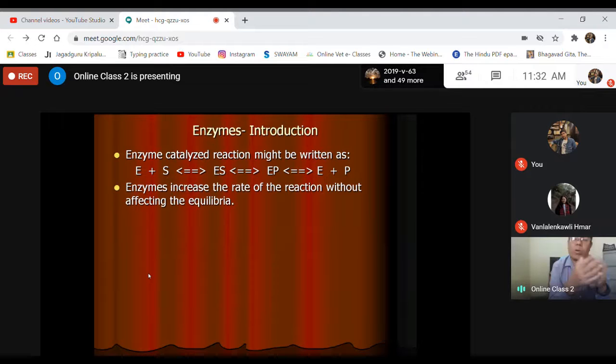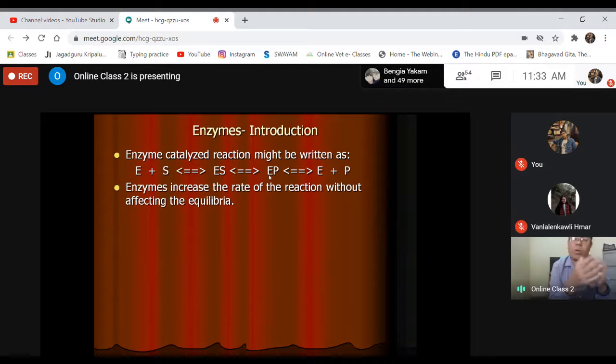So an enzyme catalyzed reaction might be written as this, the general reaction for the enzyme catalyzed reaction. Here E stands for the enzyme, S for the substrate, then P for the product. Enzyme combines with the substrate to form the enzyme substrate complex. Now this enzyme substrate complex is converted to the enzyme product complex.